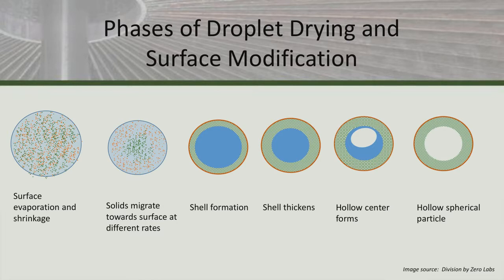And those different rates are categorized by the different chemical and physical properties of the material. So you can actually build layers in this way. You can get certain molecules to migrate to the surface faster than other molecules and create layered particles.